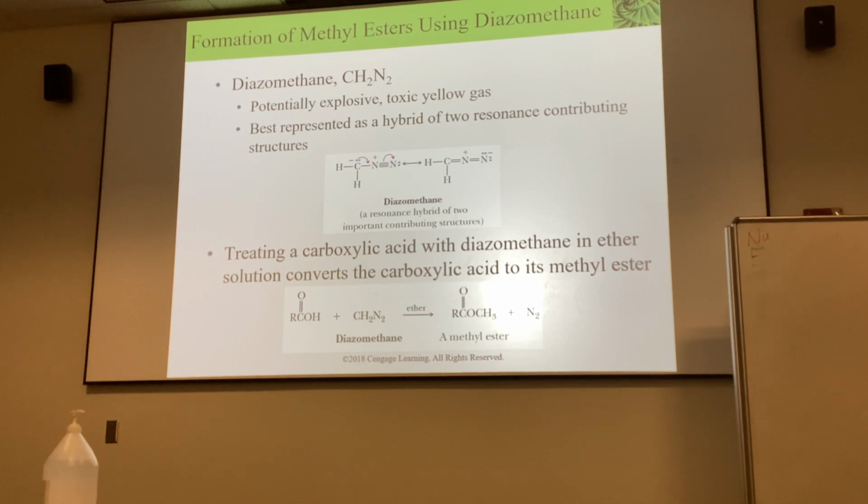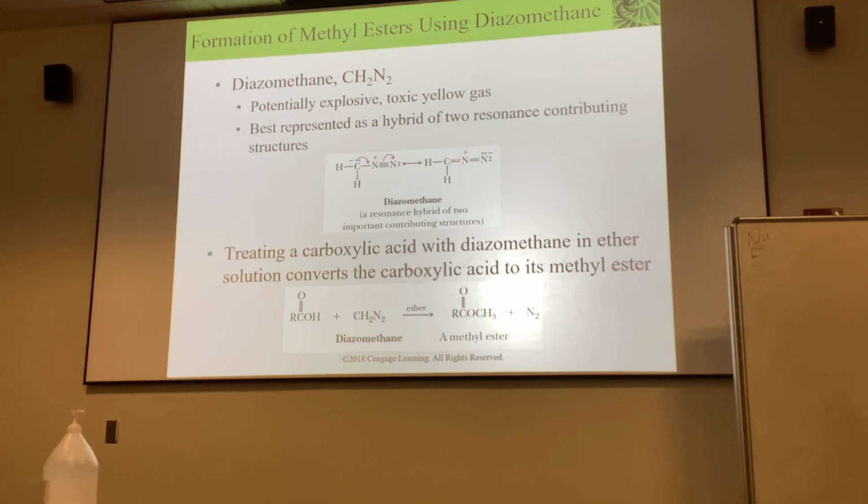So if for some unknown reason you can't use an alcohol, you can't make a methyl ester the normal way, Fischer esterification, or anything else you can think of, I think it's literally just Fischer esterification, then if you really need a methyl ester, you can use this, but it's more dangerous.